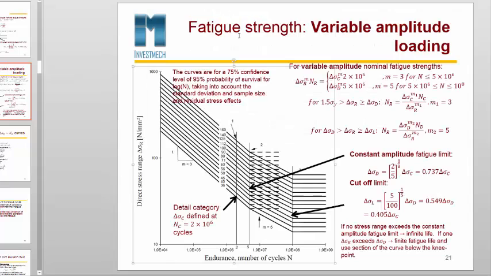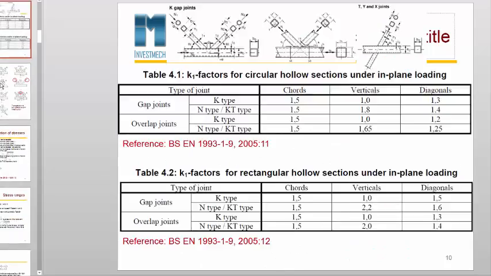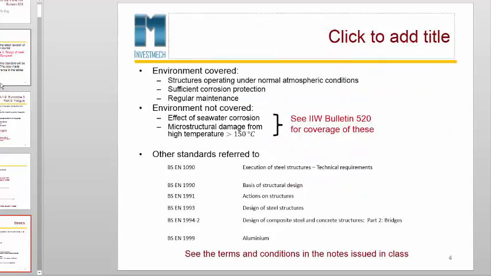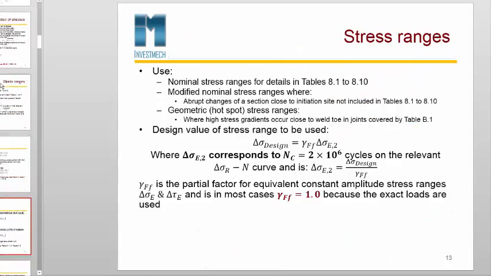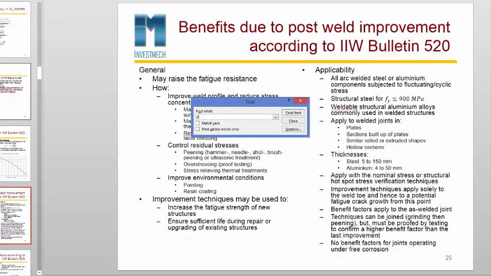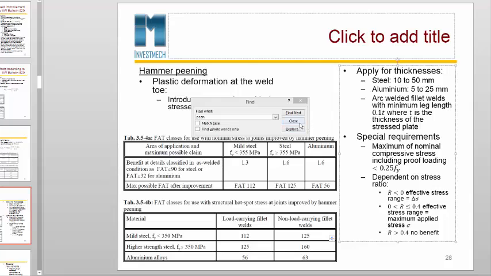So if I go back to the notes that were given to you, and we look, we find the area over peening and the effect of peening. And here we are at peening.